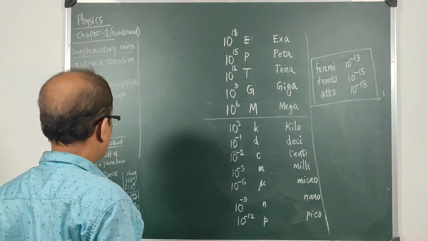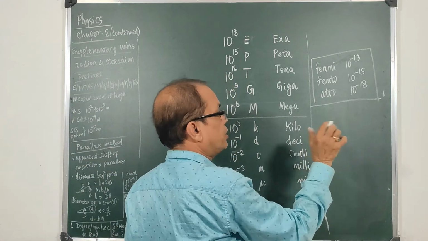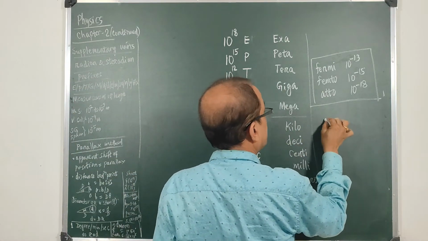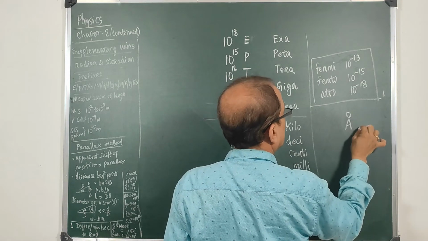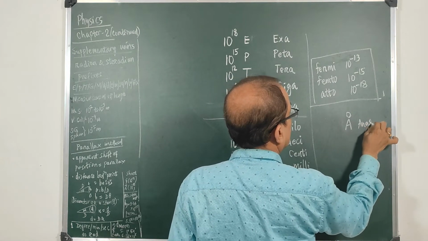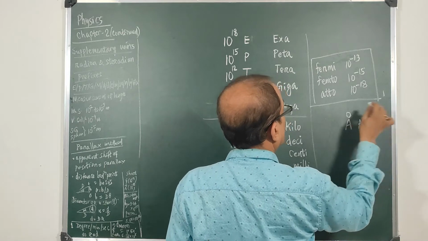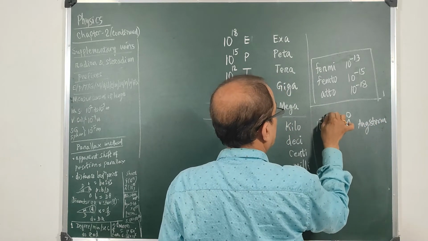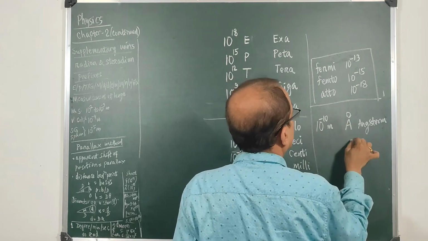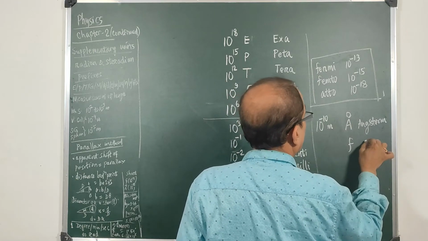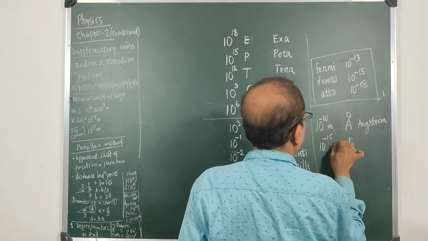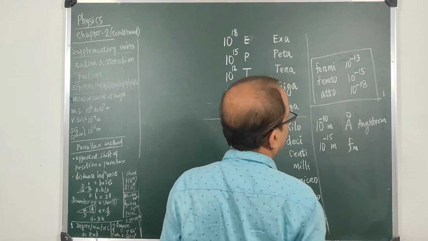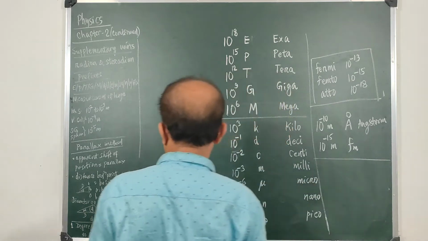There are some shorter versions also for measuring atomic distances. We take angstrom, which is 10 to the minus 10 meters, and femtometer as 10 to the minus 15 meter. These are the shorter values.